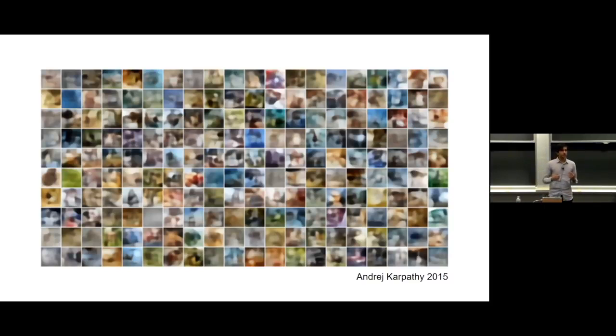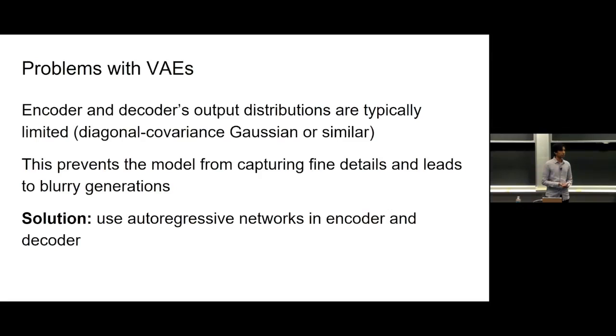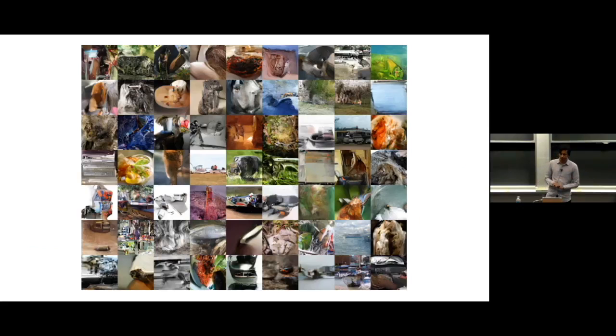So the solution that people have come up with to this problem in VAEs is to take the autoregressive networks that we've looked at previously and actually to use them both in the encoder and the decoder. So now you have a series of very flexible density estimators, and you're using them first to encode something into a compressed representation and then to decode from that compressed representation. And when you do that, you end up with substantially more natural-looking images that have a very clear sense of global structure in them.